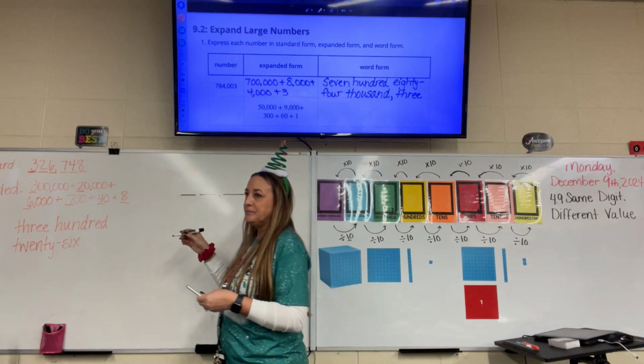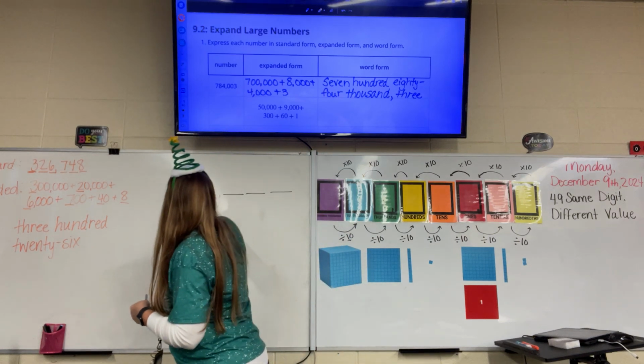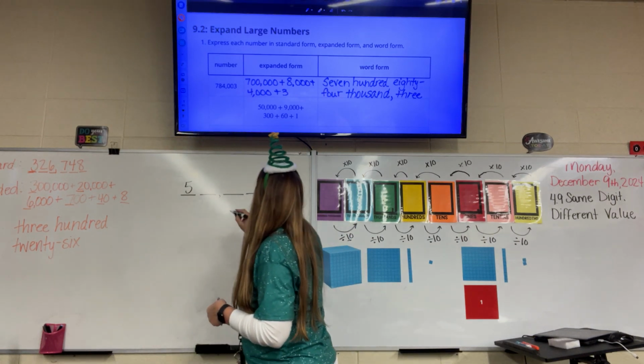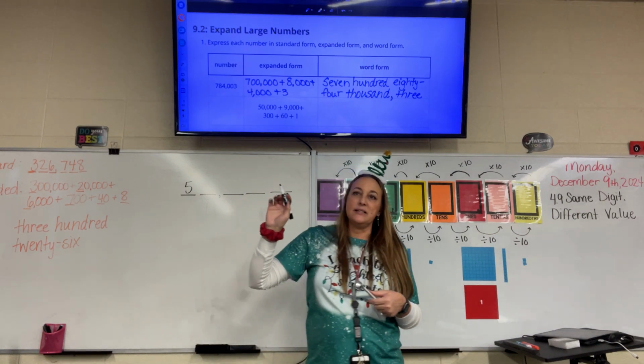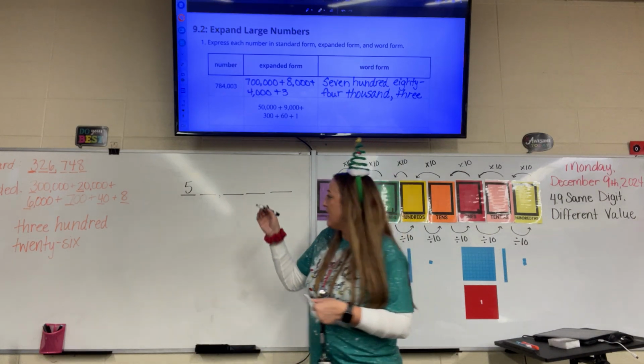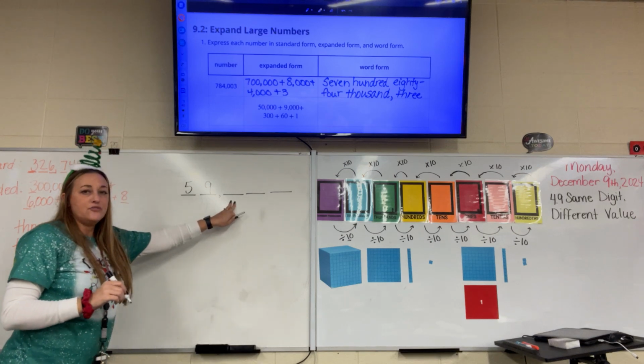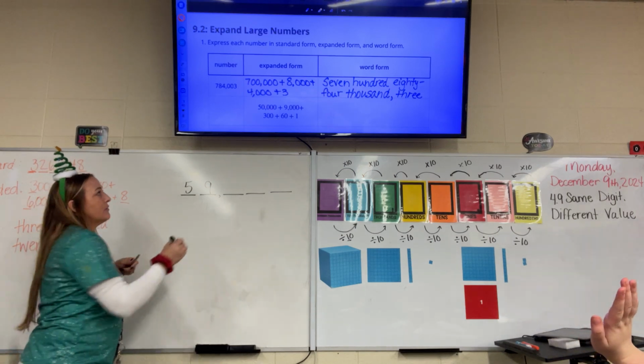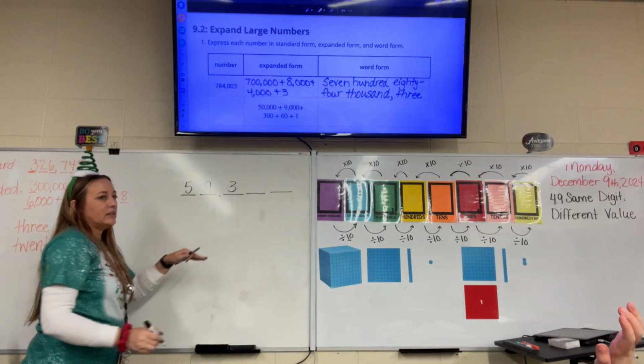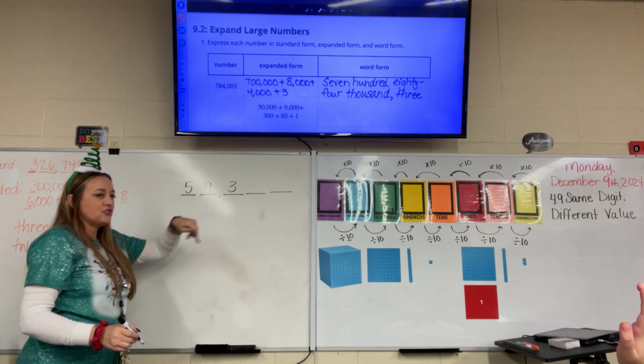Okay? So then what's going to go in my 10,000 place? Jackson? 5. Okay. What's going to go in the thousands place? Ari? 9. What's going to go in the hundreds place? Evan? 3. What's gonna go in the tens place, Autry? 6.